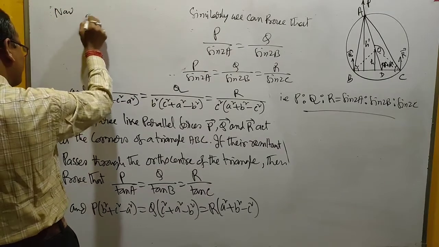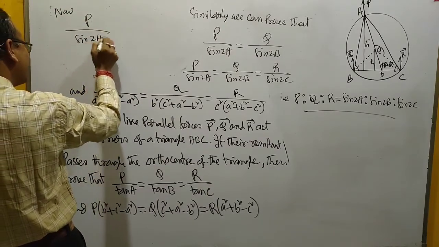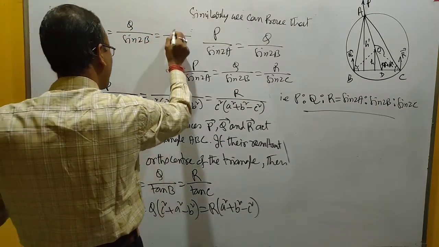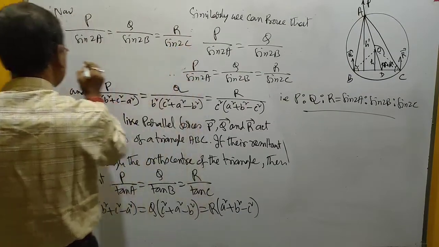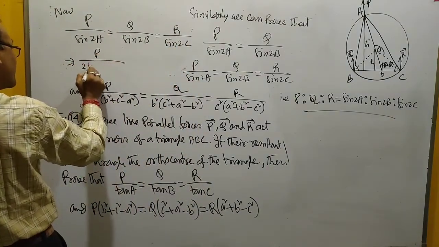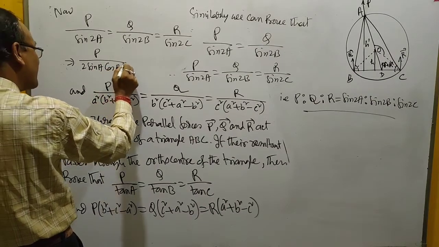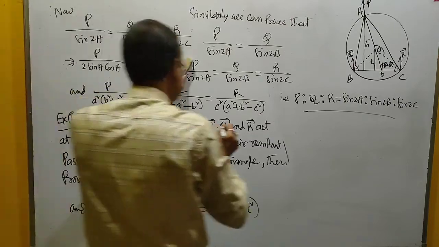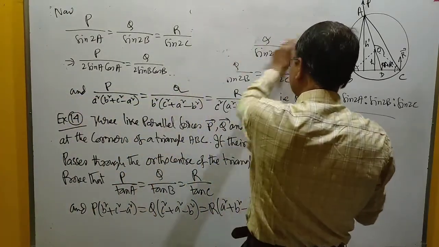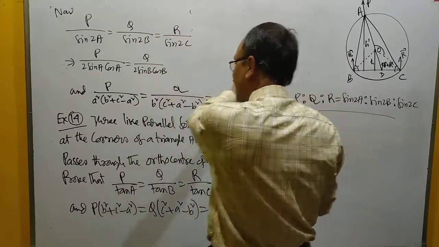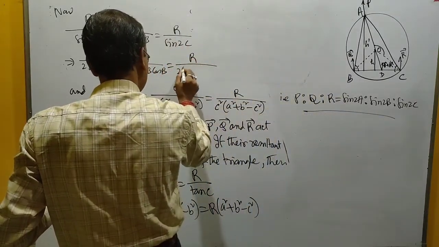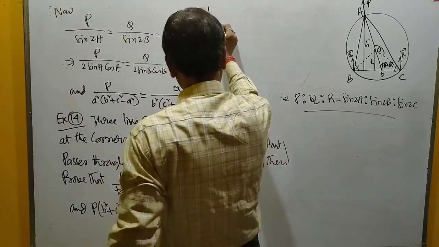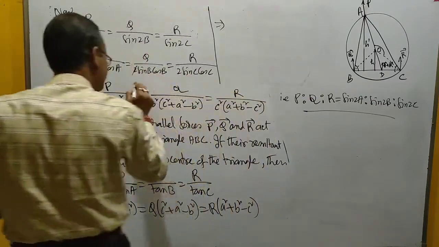Now p by sine twice A equal to q by sine twice B equal to r by sine twice C. This means p by twice sine A into cos A equal to q by twice sine B into cos B equal to r by twice sine C into cos C. This means that 2 will be cancelled.